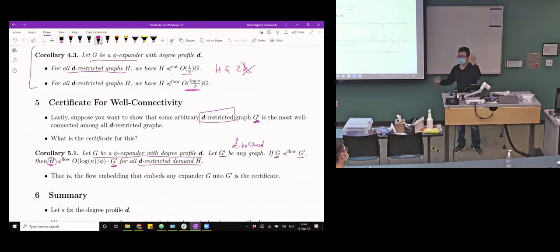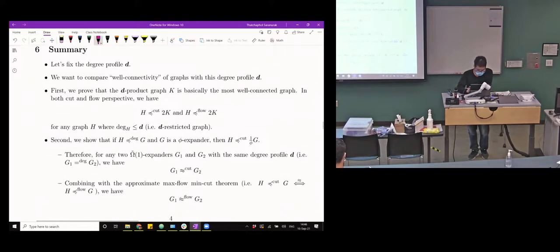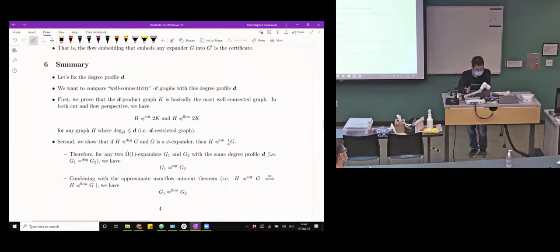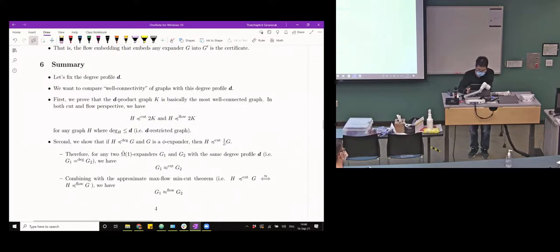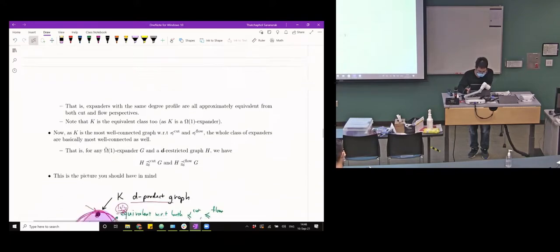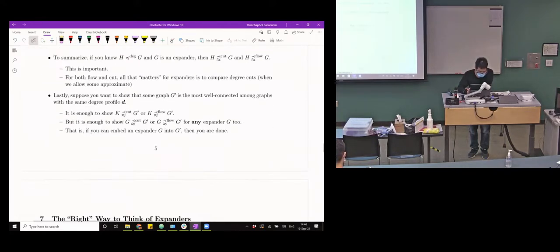The certificate for goodness, for well-connected, is just some flow that embeds any expander into the graph. So that is just kind of everything.